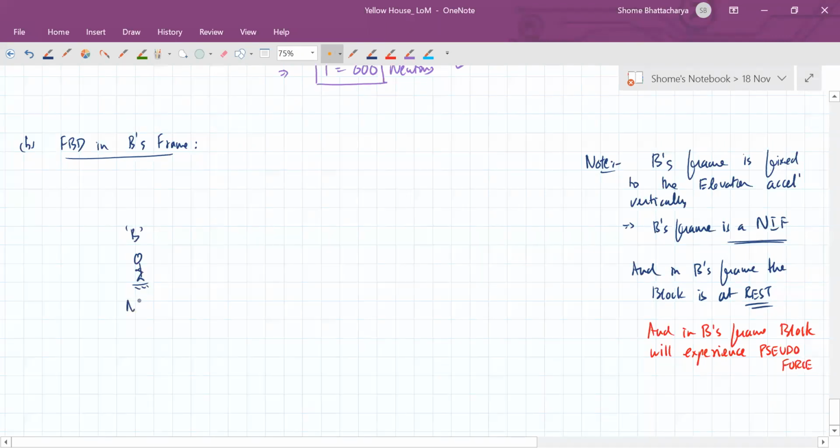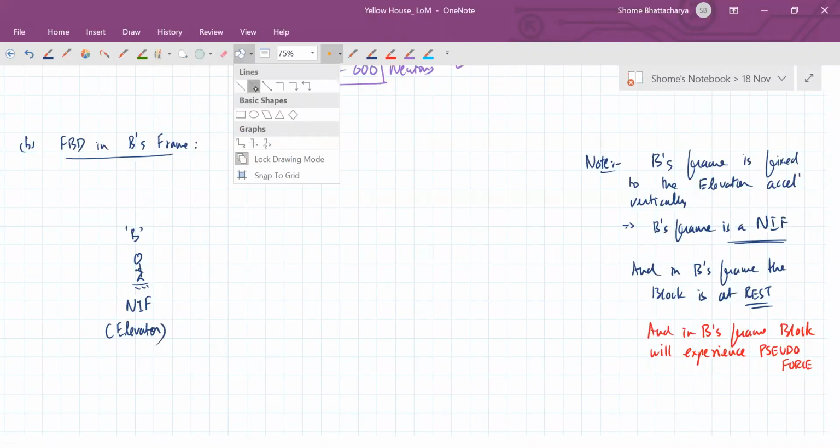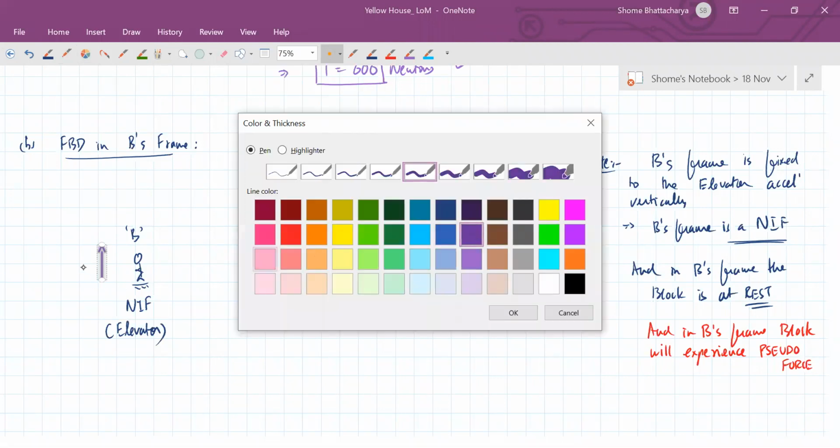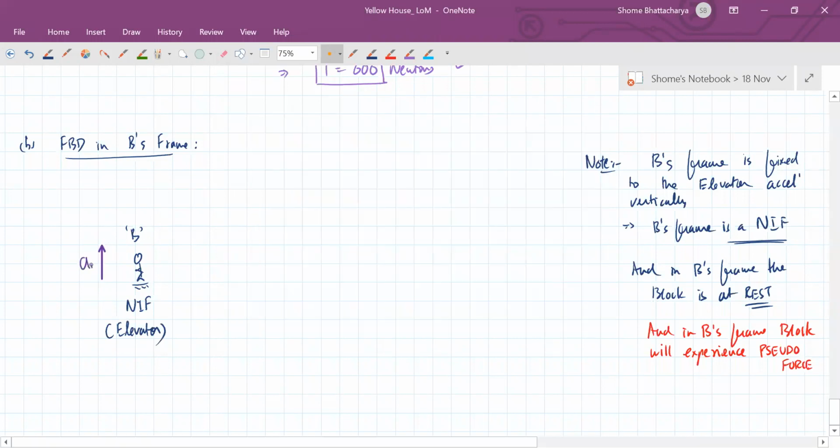So this is the non-inertial frame that is attached to the elevator. So this frame itself is going upwards at an acceleration of a naught.